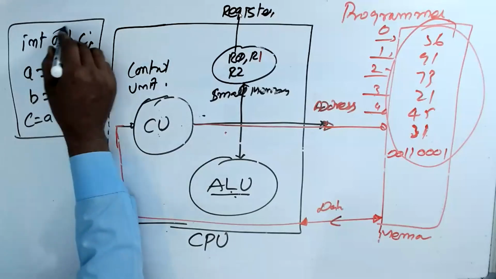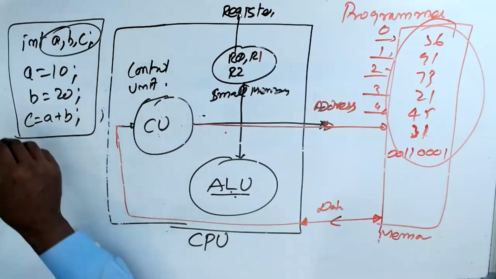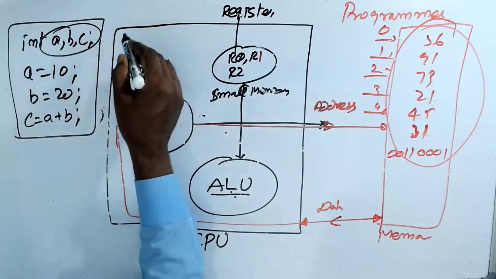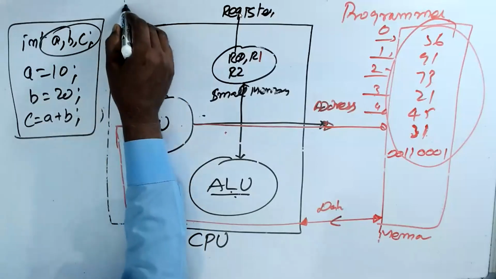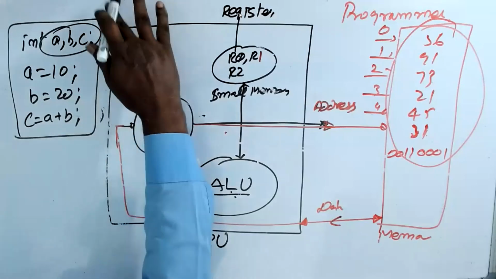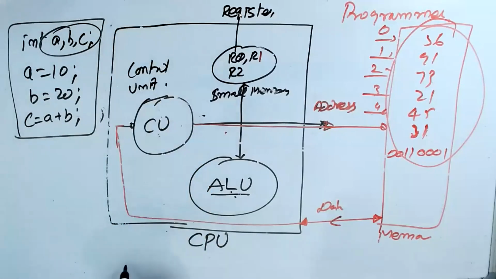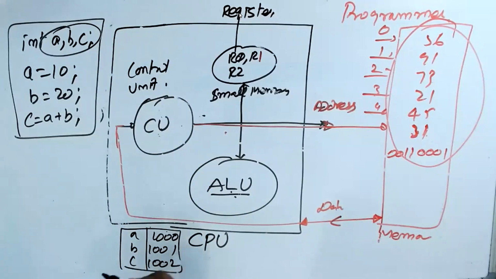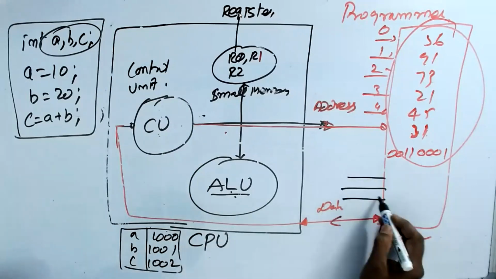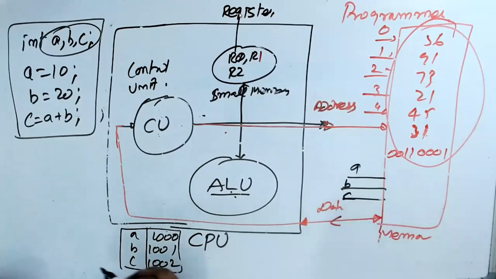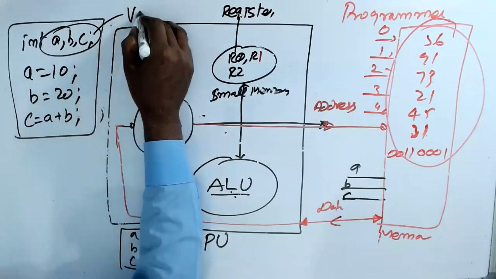For A, B, C, it allocates space. It creates a table: for A, 1000; for B, 1001; for C, 1002. Assuming, I'm just taking that. So three places are allocated for A, B, C. We call these things variables.